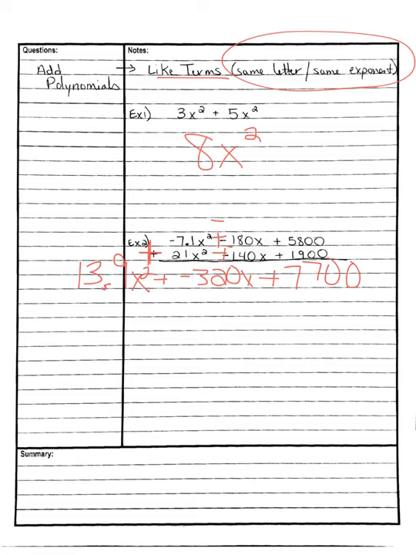So the like terms can be added. We have simplified. There's nothing else we can do. This would be considered a trinomial because there's 3 terms. And again, we can only add if they have the same letter, same exponent. Let's look at subtracting, and that's it.